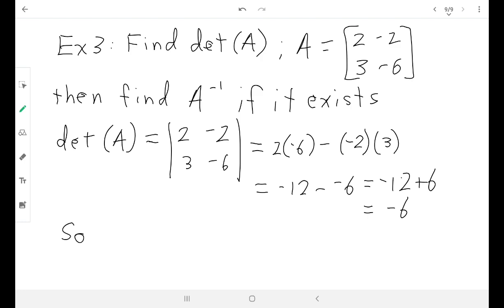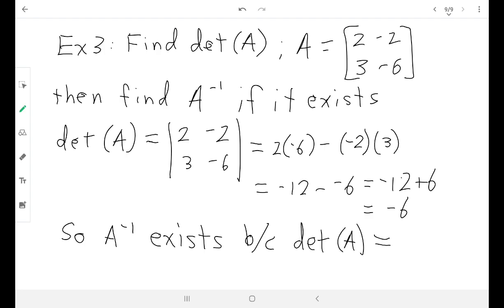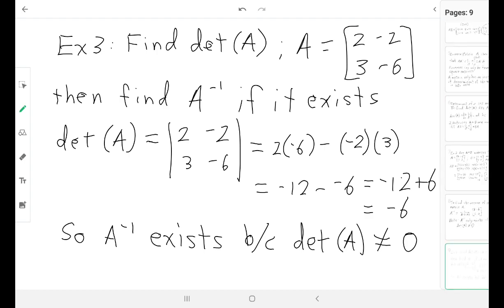So A inverse exists because the determinant of A does not equal 0. It equals something other than 0.